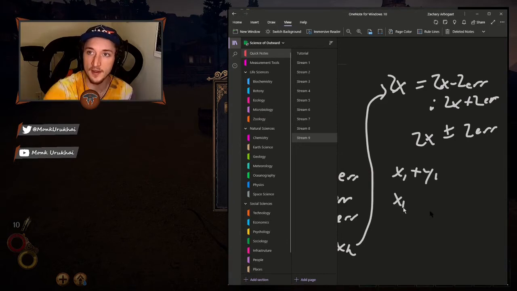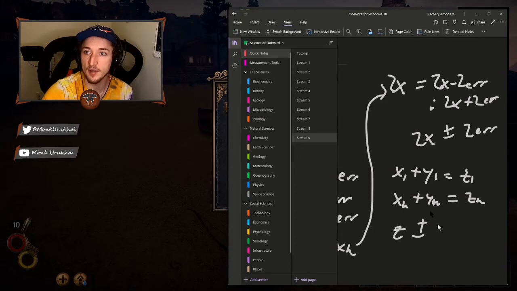Adding x low and y low, and x high and y high, will give us a new z low and z high, and we'll have our answer z plus or minus z error. And the z error is just going to be y error plus x error, right?